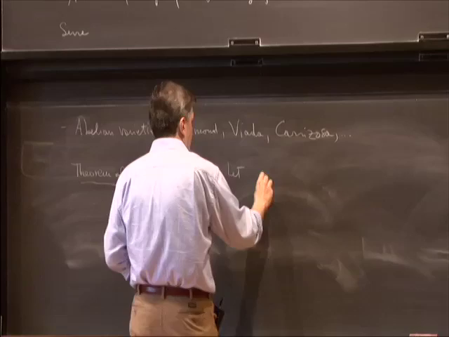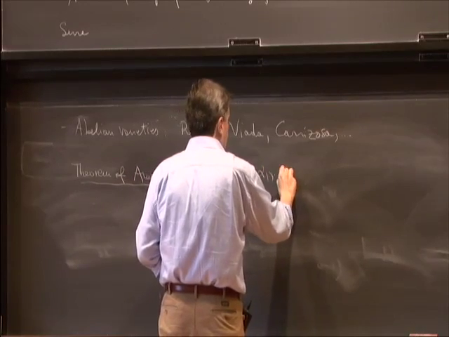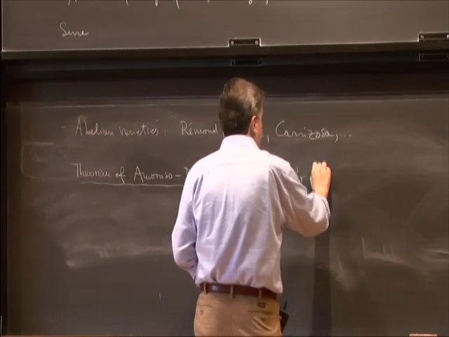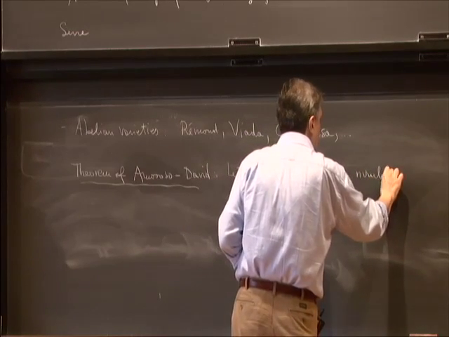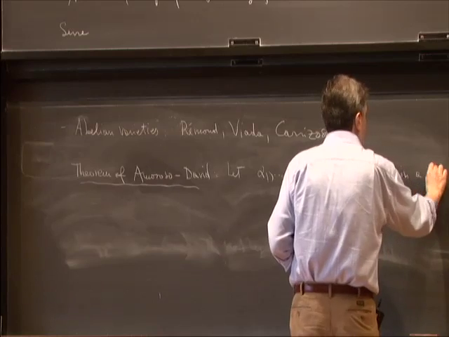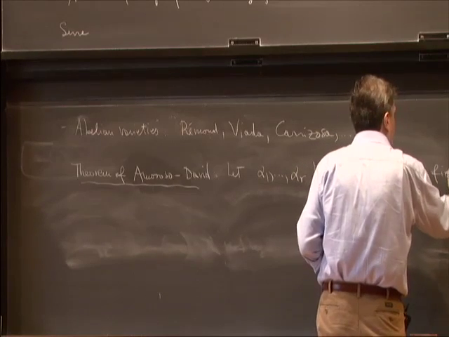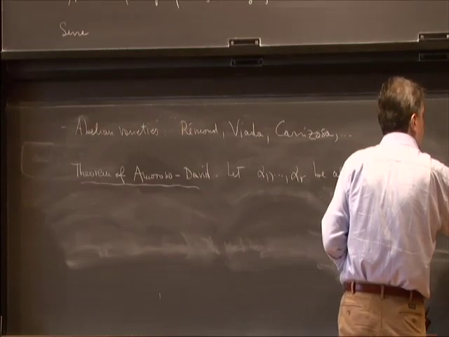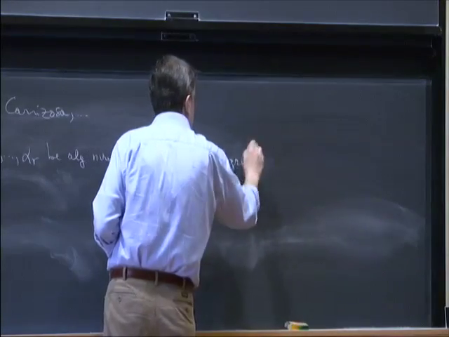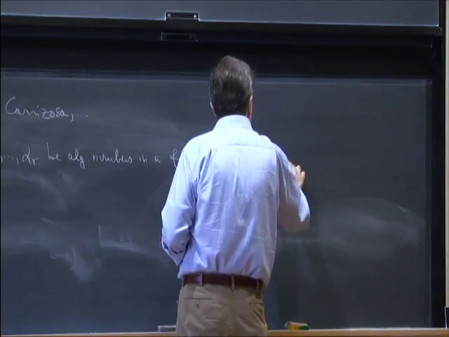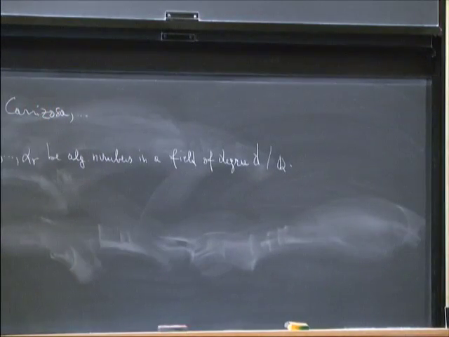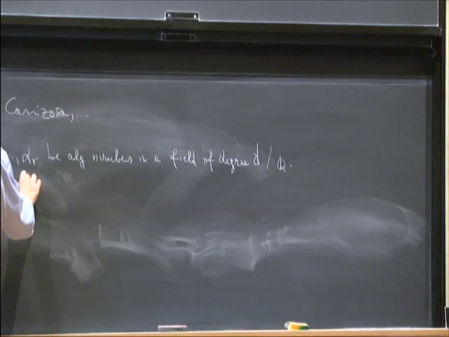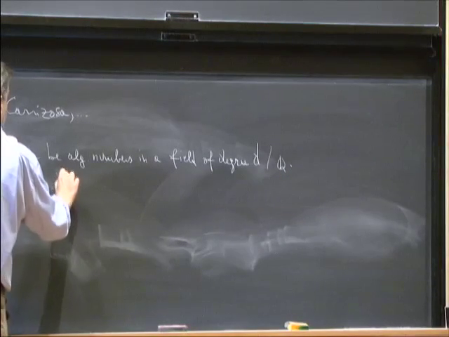We let alpha 1 to alpha r be algebraic numbers in a field of degree d over Q. And we assume that they are multiplicatively independent.